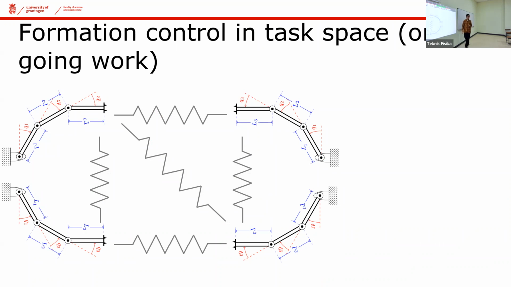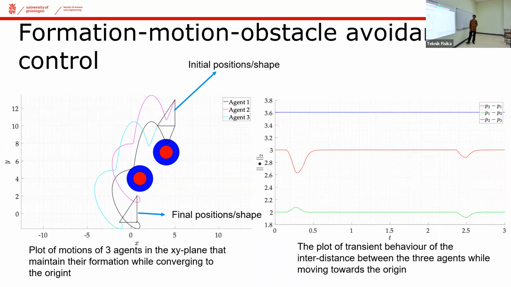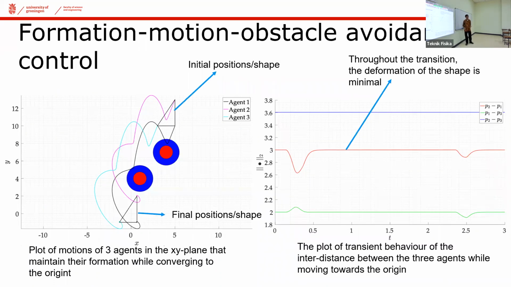Yes. About the previous one, in here do you also implement the bias? Not yet. You mean bias to do the motions, right? Yeah, because here actually there is no leader, right? No leader.